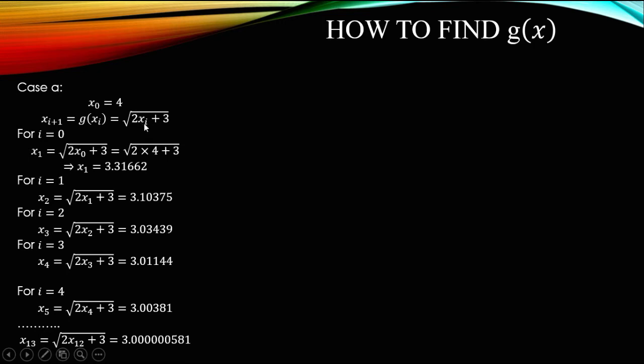By substituting i is equal to 0 in here, you will get under the root 2 x naught plus 3, and we know the value of x naught. By substituting the value of x naught, you will get under the root 2 into 4, which is 8, plus 3, under the root 11, which is 3.31662. For i is equal to 1, he will get his second iteration, for i is equal to 2, his third iteration, and for i is equal to 3, his fourth iteration.